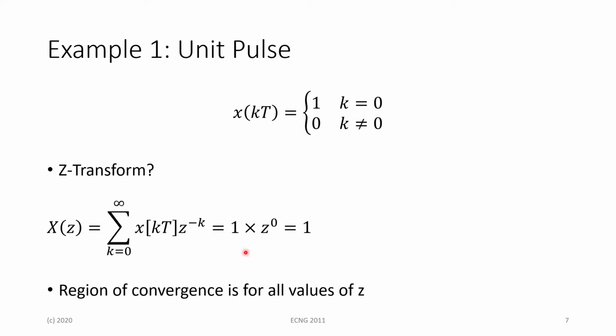So our final answer here is just going to be 1. And the region of convergence for this constant value of 1 means it converges for all possible values of z. So this is what the discrete time unit pulse looks like graphically.